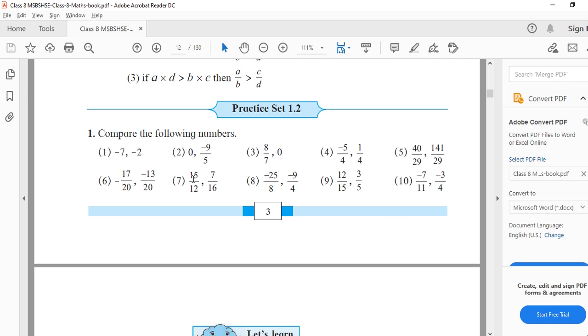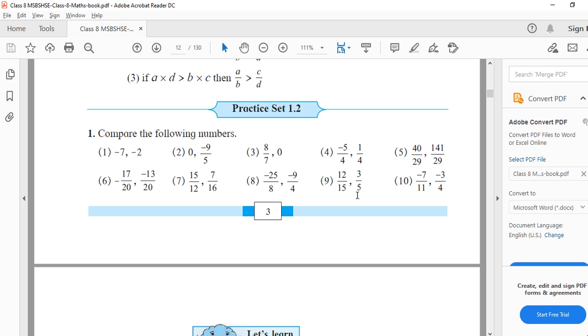Now we need to do these 4 sums. Out of these 4, I think we can do this sum, 7th sum. We should do sum number 8, and I think we should do these 2 sums, and the rest 2 you guys can practice. You can try it out yourself.